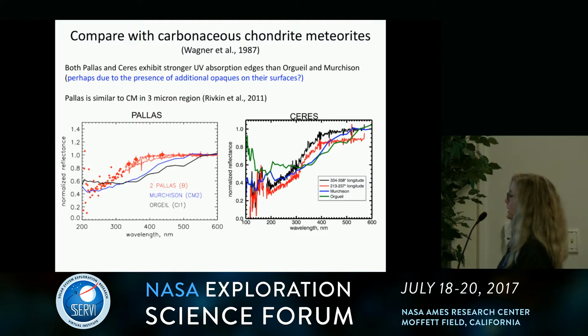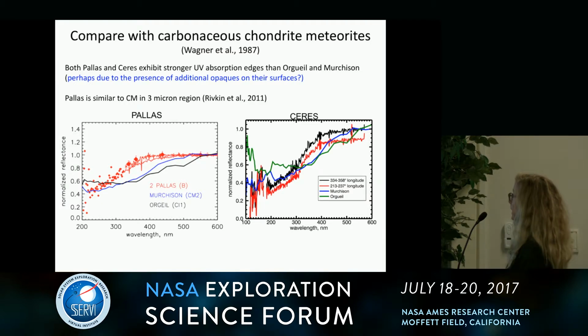And we see that the UV absorption edge on Pallas is much stronger. Really what's happening here is that the UV drop-off in the meteorites is happening at a longer wavelength. So Pallas stays flat until a shorter wavelength. The chondrites seem to drop off at closer to 500 or 600 nanometers, whereas Pallas and many of the other C-complex asteroids drop off at about 400.